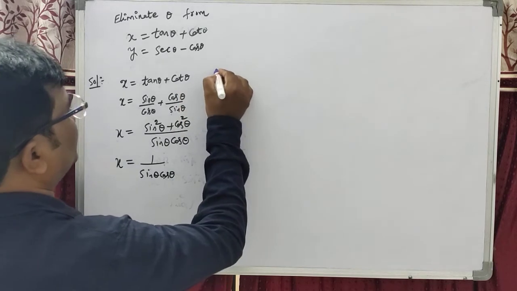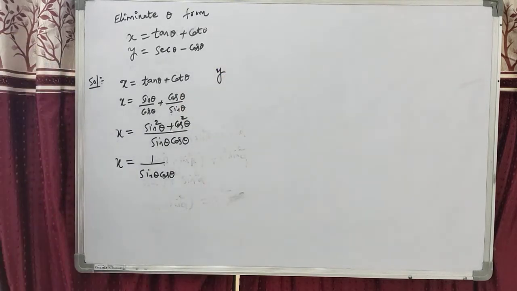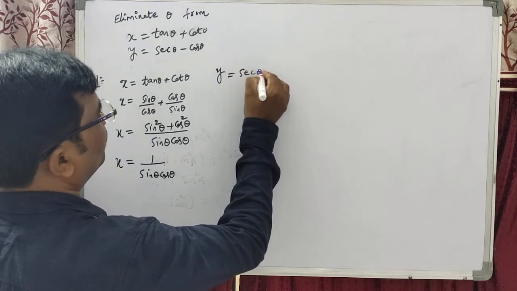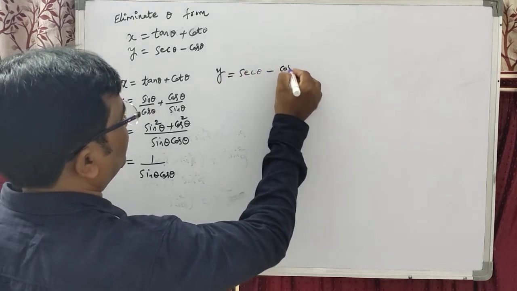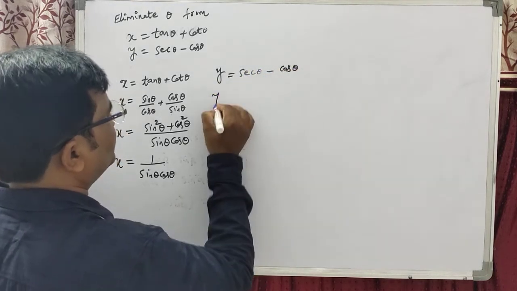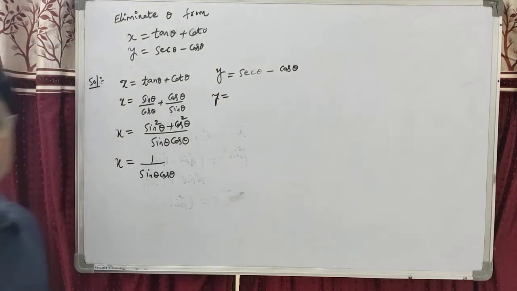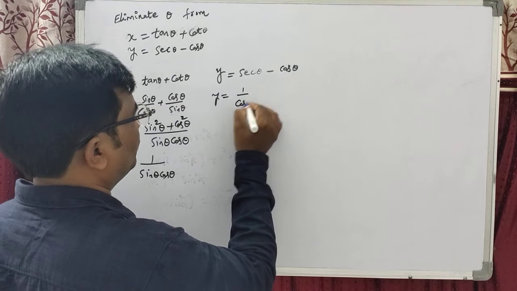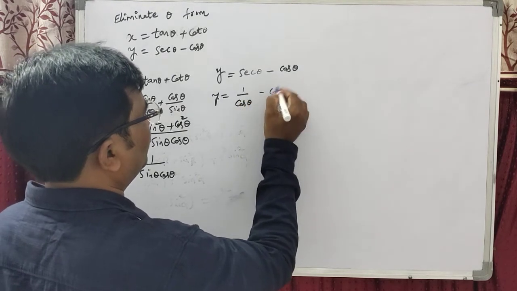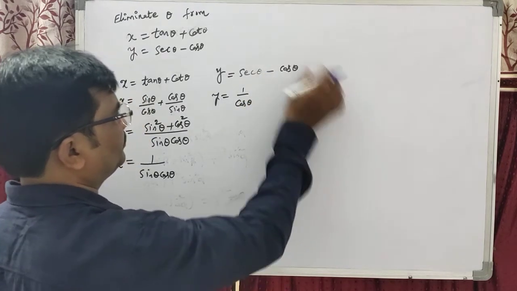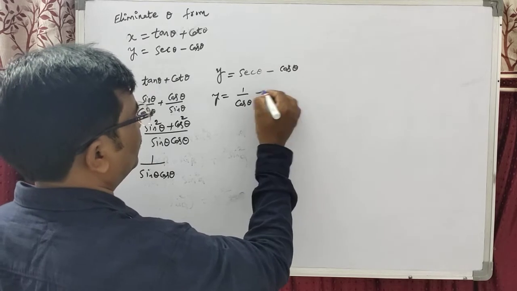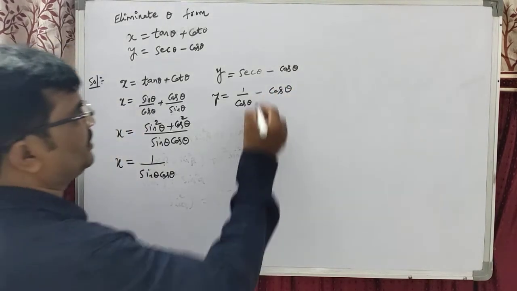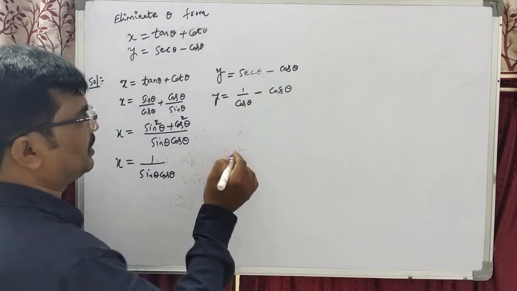Now what is given for y, students? y is given by secant theta minus cos theta. Dear students, y equal to secant theta, which we can write as 1 by cos theta, minus cos theta. Secant is the reciprocal of cos.